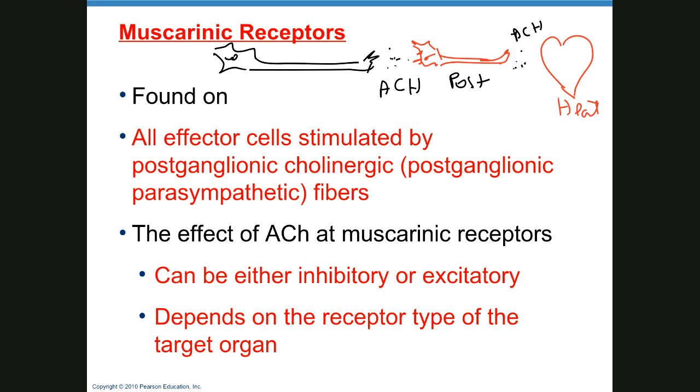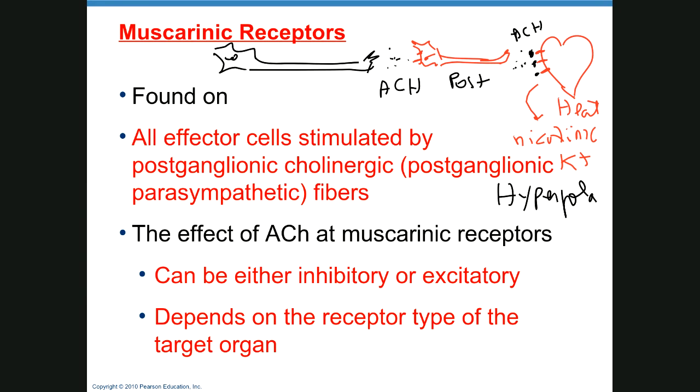The heart has nicotinic receptors that are going to receive the acetylcholine. And these nicotinic receptors are potassium channels, so that when the acetylcholine binds to the receptor, potassium channels open, potassium leaves, and the heart muscle is hyperpolarized, shut down.